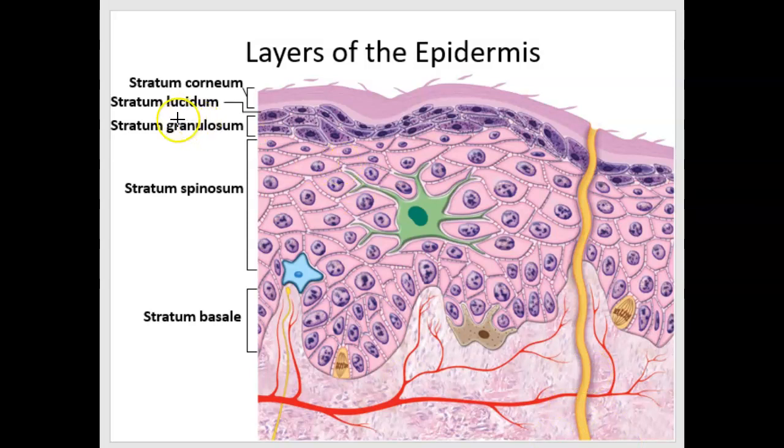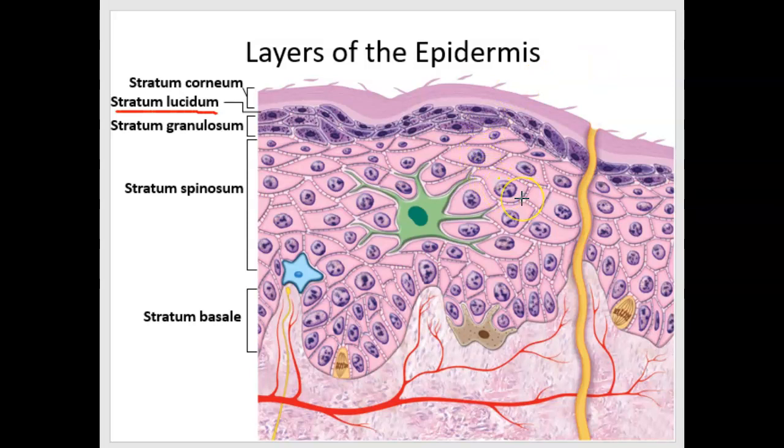And we don't see this clear layer underneath the stratum corneum except in areas where our skin is very thick, right? So your palms, the heels of your feet, then the stratum lucidum will be quite thick.